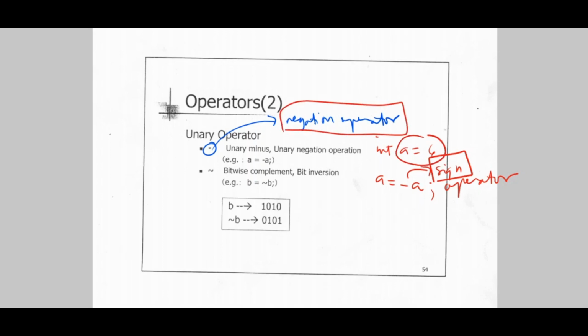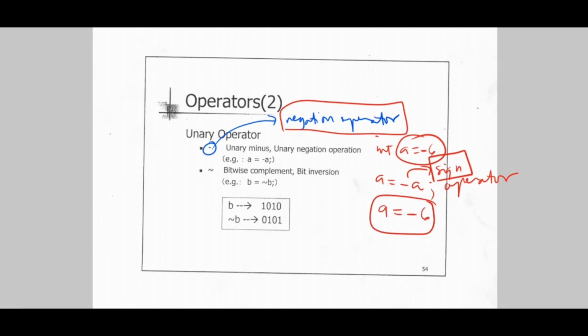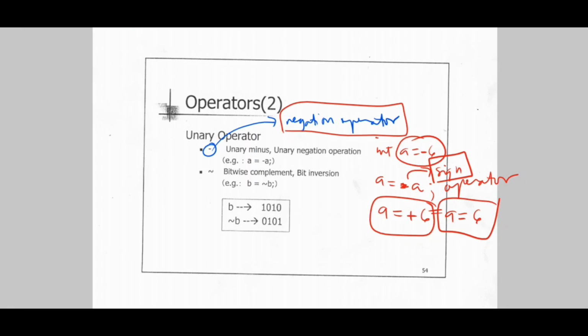So if A is positive 6, A becomes negative 6. Or if A is negative 6 and then we put this sign operator here, then A becomes positive 6, or simply A becomes 6, from negative 6 to positive 6.